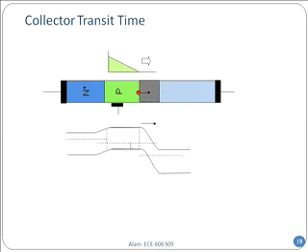Once it comes to the end of the base-collector junction, it has to traverse this huge depletion region. Very high field, and electrons will go with the saturation velocity through that junction. How long does it take? Is it simply W_BC divided by v_sat? Not really.